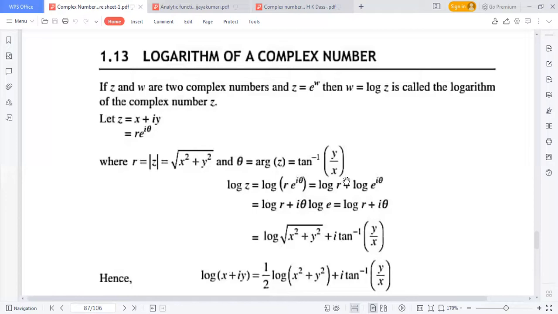Root over x square plus y square, plus I theta, where theta is pi by 2. Half log of x square, which means the real part whole square, plus the imaginary part whole square, plus I pi by 2. Just using this concept.